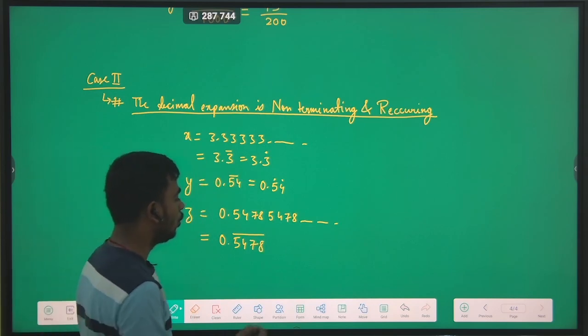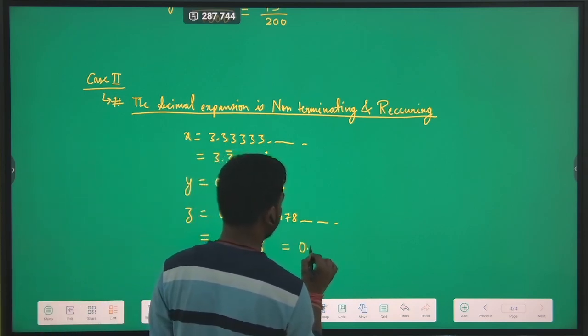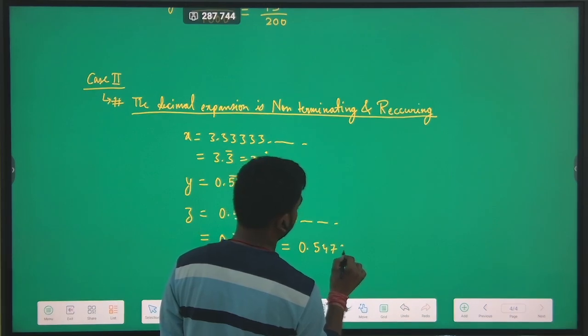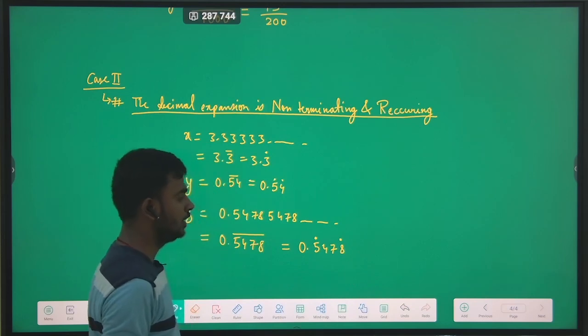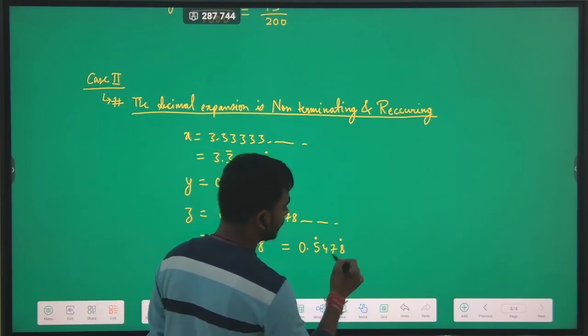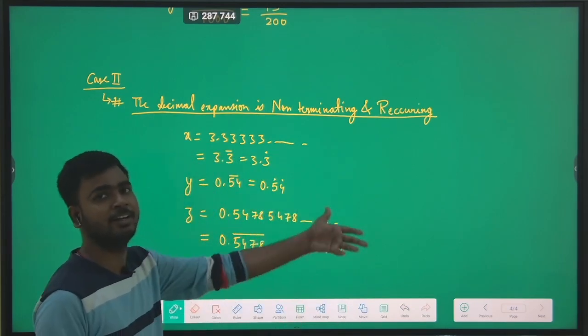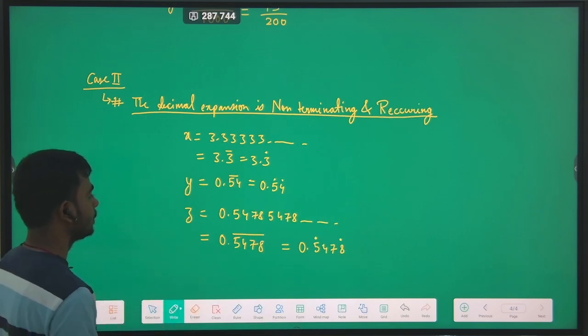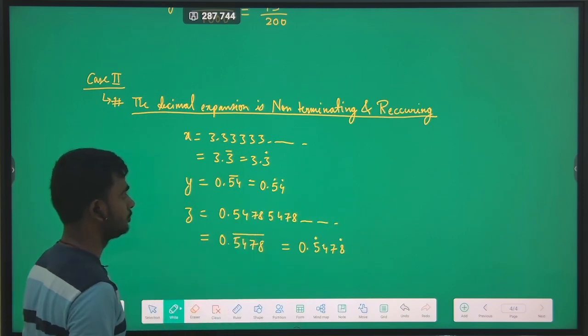Or we can represent it as 0.5478 with two points over 5 and 8, so that we can say that these digits 5478 are going to be repeated infinitely. Okay. So this was the representation.